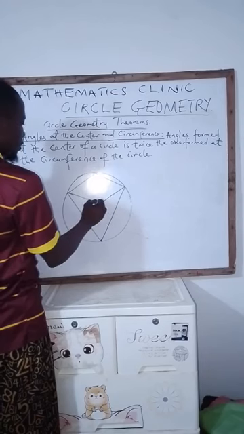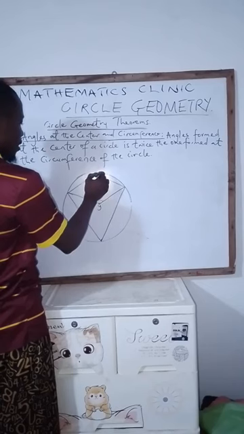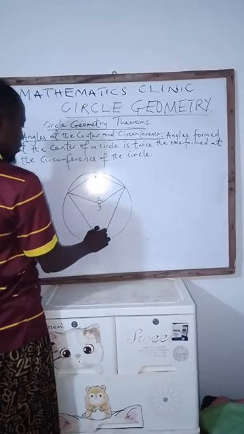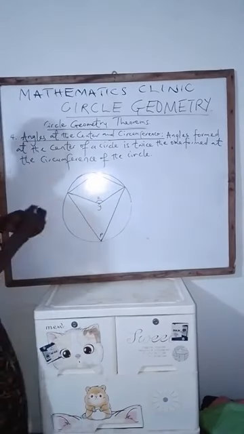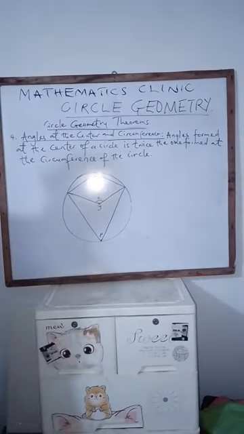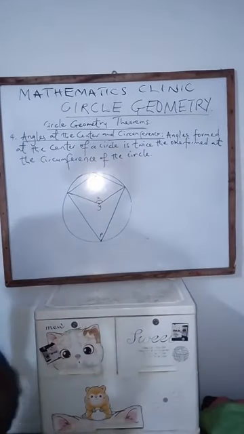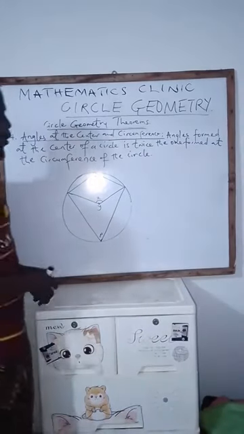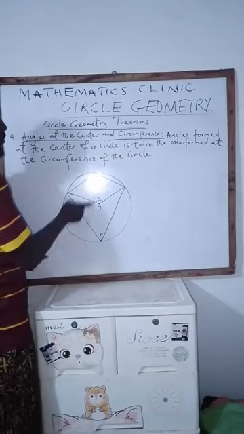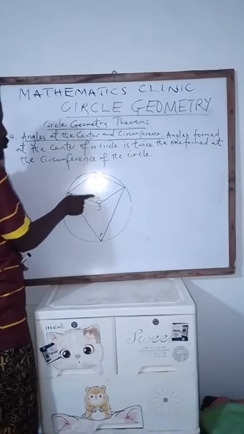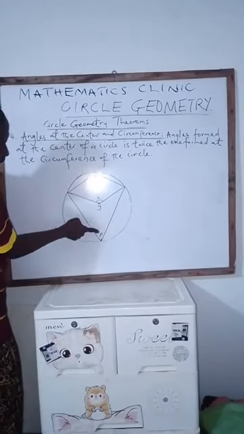Here is the center, X, Y, Z, P. What the theorem is saying is that angle formed at the center of a circle is 2 times the one formed at the circumference.